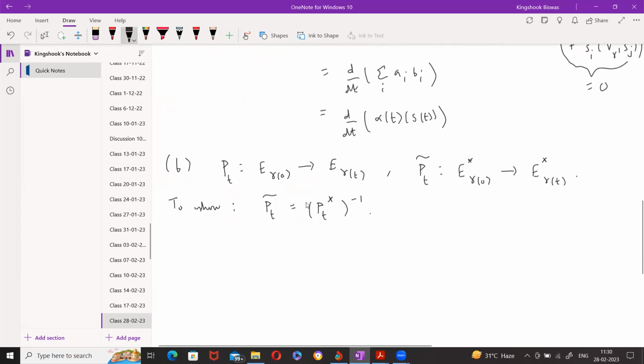Okay. So for the proof, what do we do? So we take a vector in the fiber of E star at gamma 0. So let me call it, say, omega.